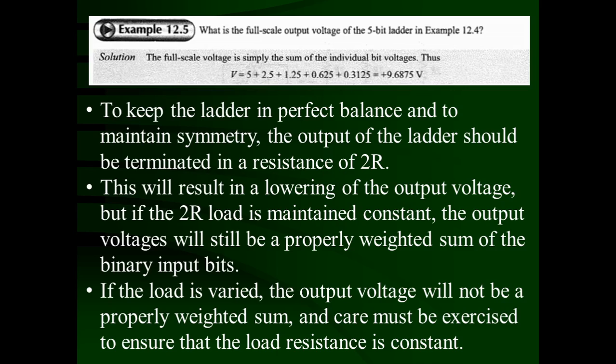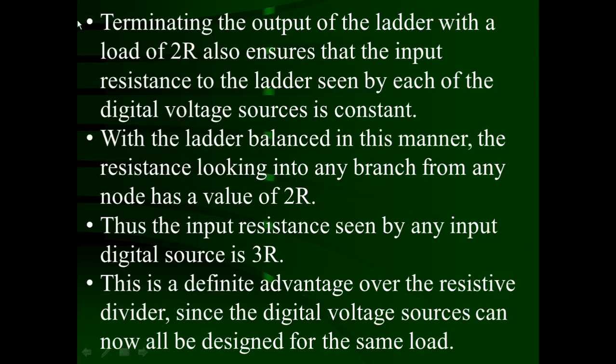If the load is varied, the output voltage will not be a properly weighted sum, and care must be exercised to ensure that the load resistance remains constant. Terminating the output of the ladder with a load of 2R also ensures that the input resistance to the ladder seen by each of the digital voltage sources is constant.